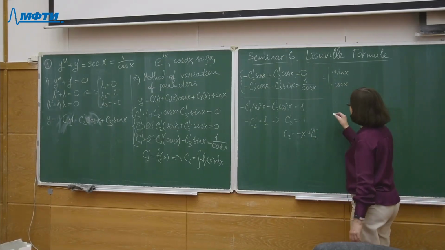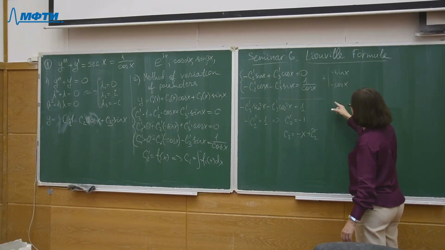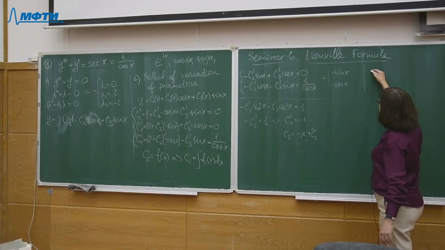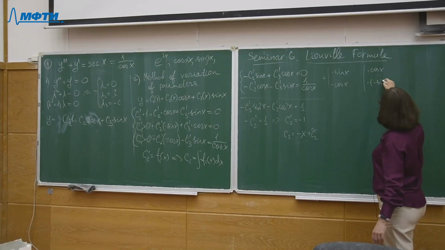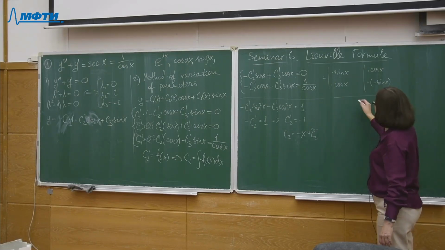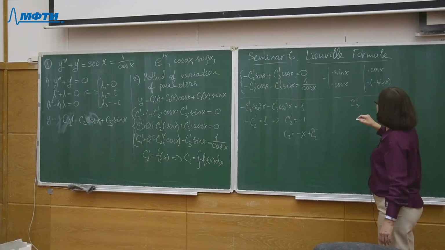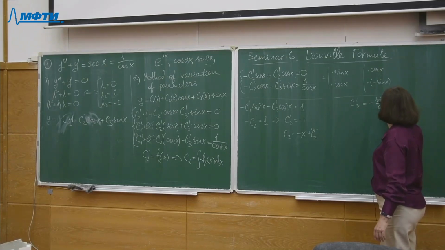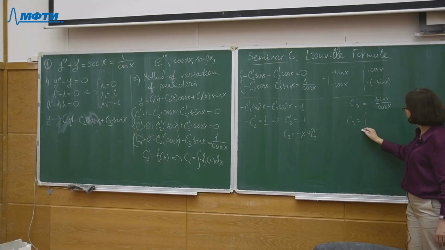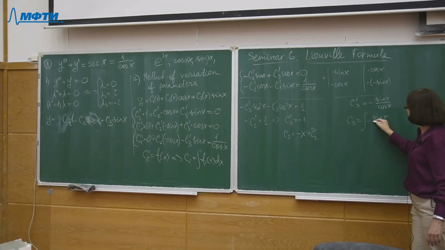Well, so next I want to eliminate c2. To eliminate c2, I will multiply the first equation by cos x and the second one by minus sine x. And as a result, I will get c3 prime equals minus sine x over cos x. Now my goal is to find c3 as an integral of minus sine x over cos x dx.